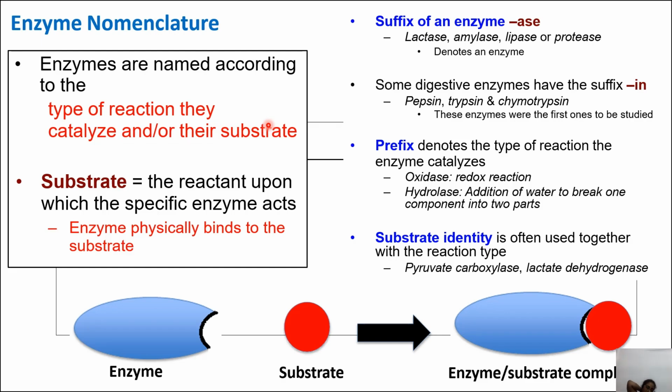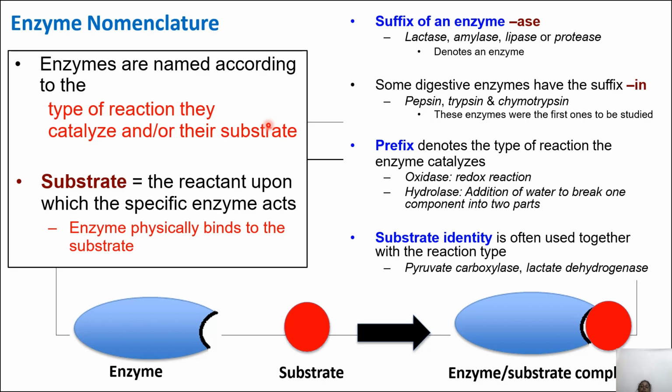Enzyme nomenclature. Enzymes are named according to the type of reaction they catalyze or the substrate. Substrate is the reactant upon which the specific enzyme acts; the enzyme physically binds to the substrate. Like lactase, amylase, lipase, or protease, the suffix of an enzyme can be -ase. It denotes an enzyme. Digestive enzymes have the suffix -in, like pepsin, trypsin, and chymotrypsin.